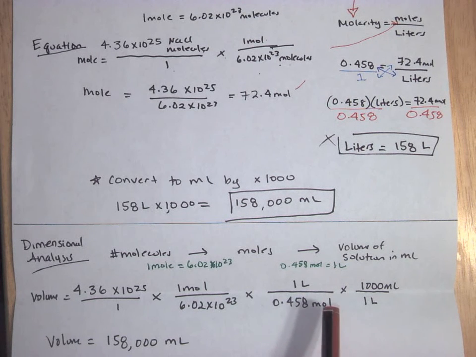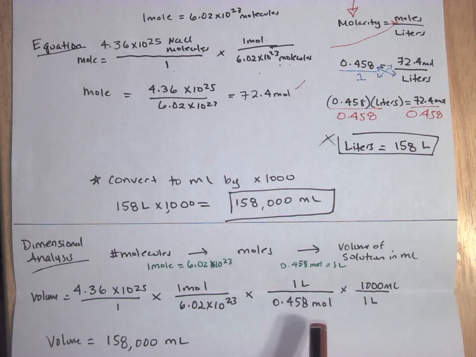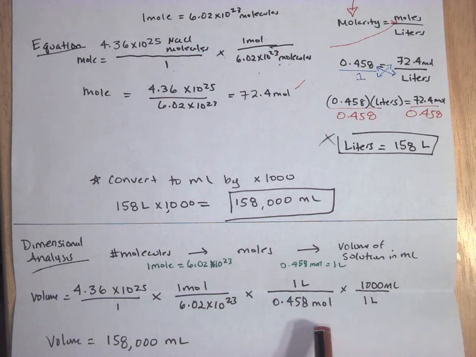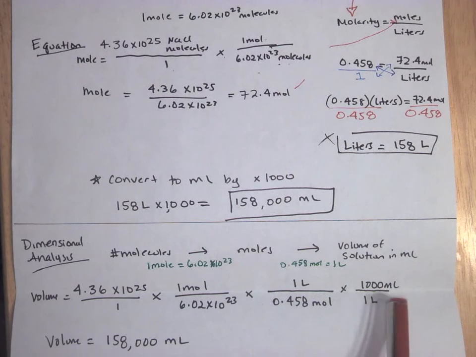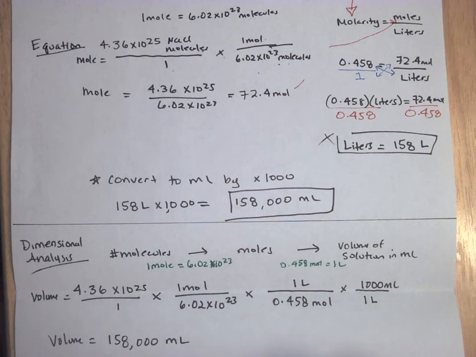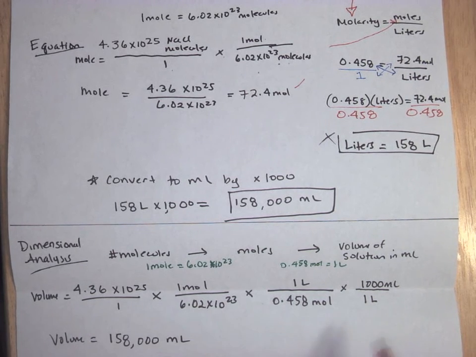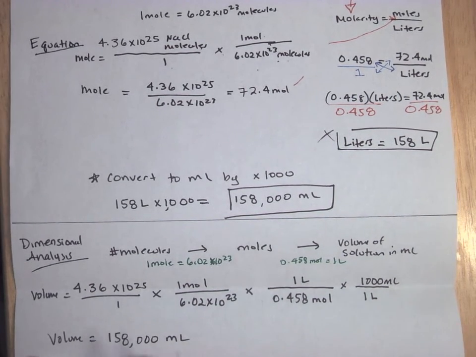When you see 0.458 molar, that's saying 0.458 moles of solute over 1 liter of solution. And so we've got our moles on the bottom and our liters on top. And then the last part here, I just converted it from liters to milliliters by multiplying it by 1,000. So I added that as a step. So we can see our units canceling out, and then that gives us the volume.